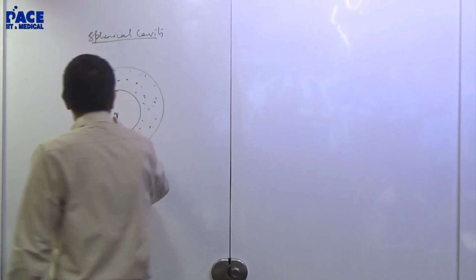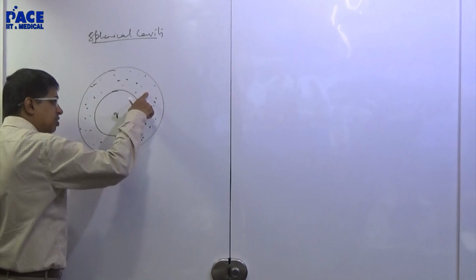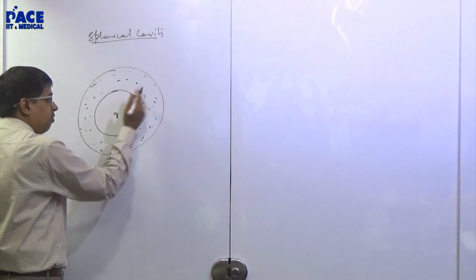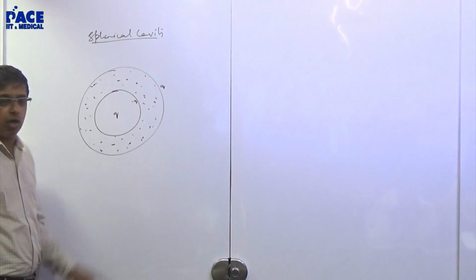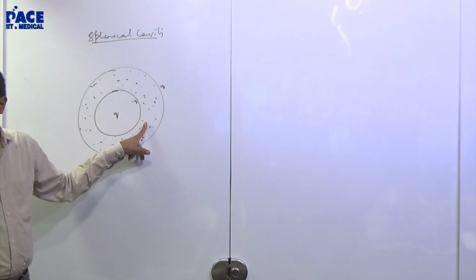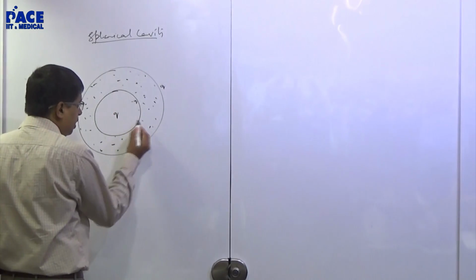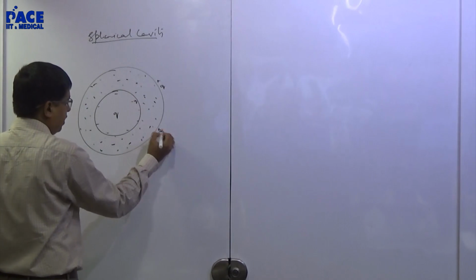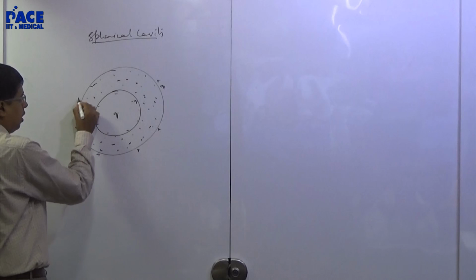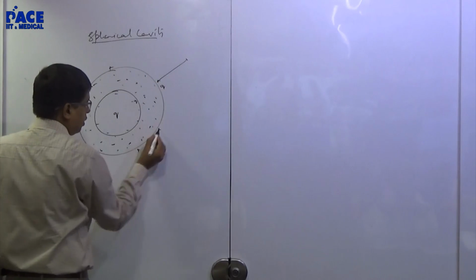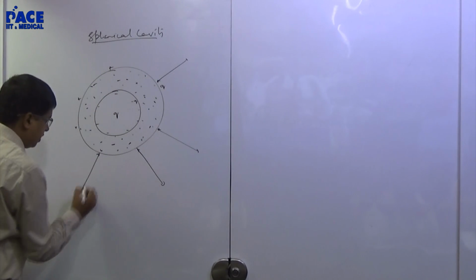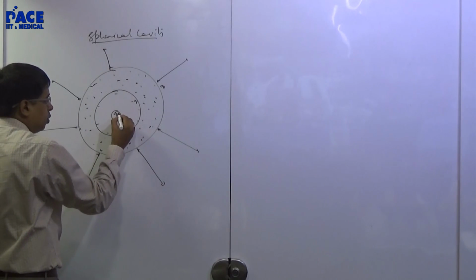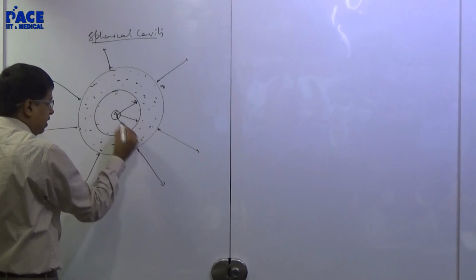That means this Q will produce some field inside the metal. So minus Q on the neutral metal will be pulled in and plus Q will be pushed out to make the field 0 inside the metal. This minus Q will be uniformly distributed like this. Plus Q will be uniformly distributed like this on the outer surface to make the field 0. The electric lines of force will be like this. Plus Q, minus Q, there will be electric lines of force.